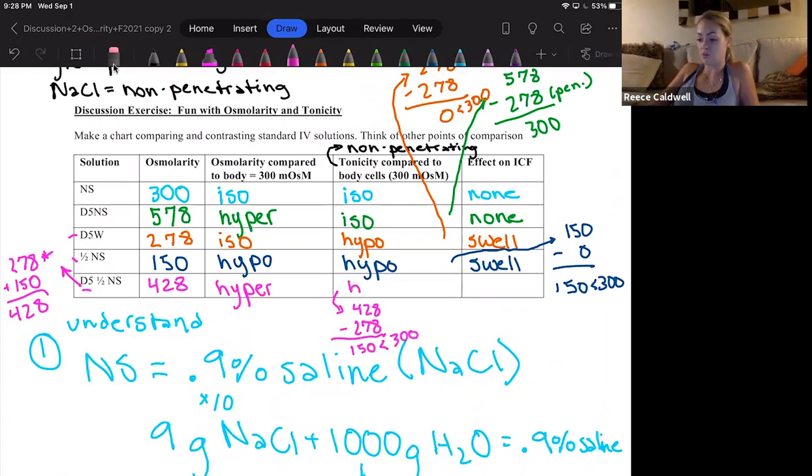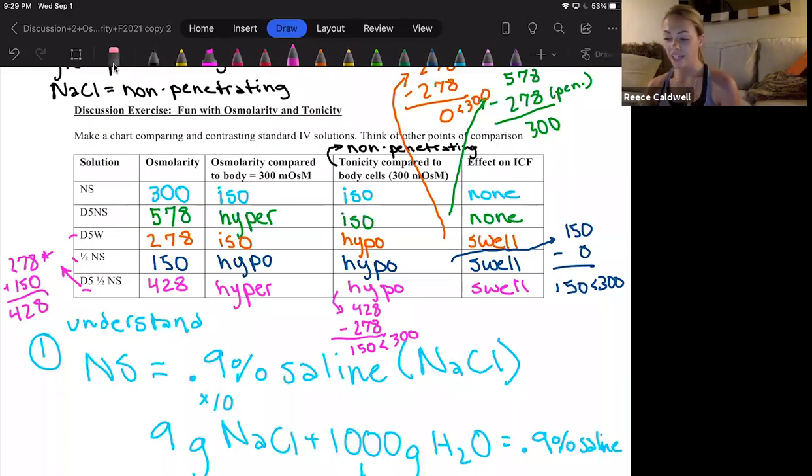So again, this will be hypotonic, and that will cause the cell to swell. Now, if we had a hypertonic solution, it would cause the cell to shrink. And I always think of that because if this were our cell, hypo, O, swell, hyper, you can think of an E, it looks real shrunken.